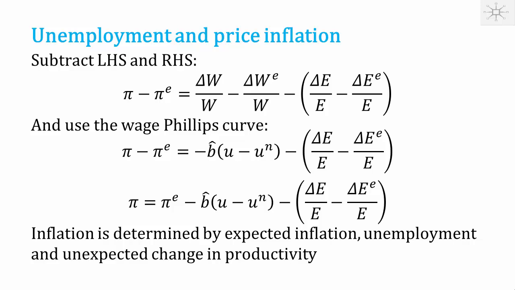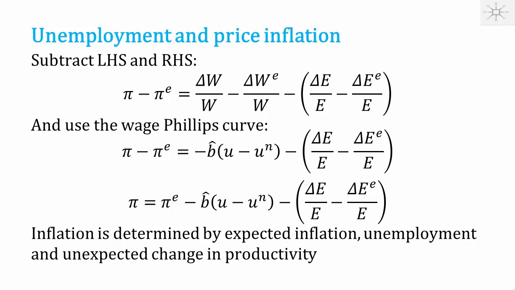And now we have an equation for inflation, how it's determined in the short run. And you see that inflation is determined by three things: the expected inflation, the unemployment relative to the natural level of unemployment, and finally the unexpected change in productivity. So if productivity rises, that will reduce inflation.